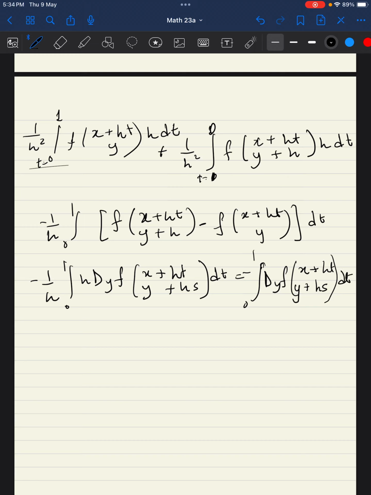Now once we take the limit of h tends to 0, in this case we get minus dy of f x y. And this is a contribution from sides 1 and 3.